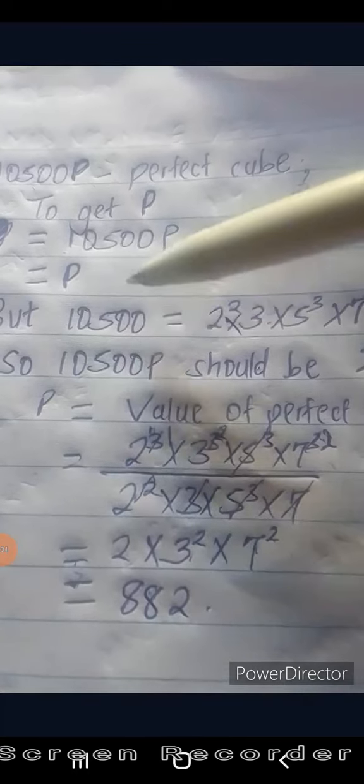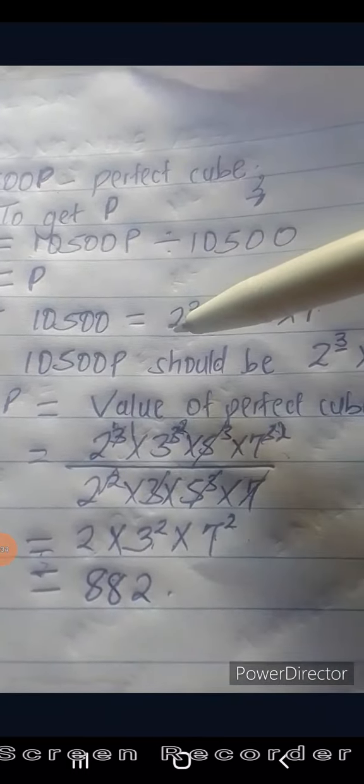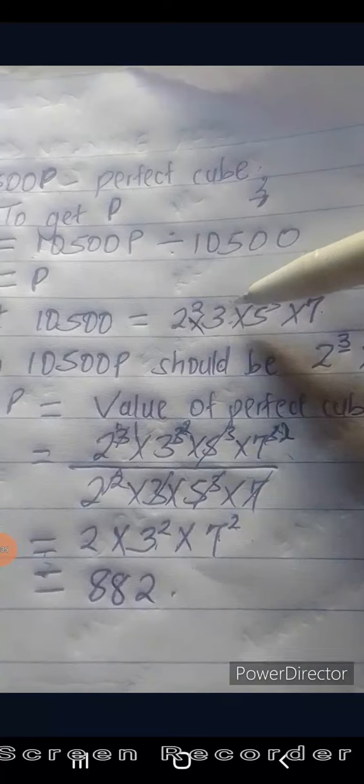So in short, to get P, we take 10500P divided by 10500. So here we will get P, but 10500 in A we got as 2 power 2, 3 power 1, 5 power 3, 7 power 1.